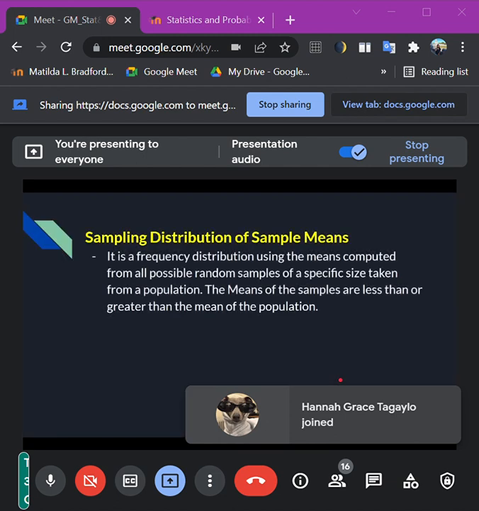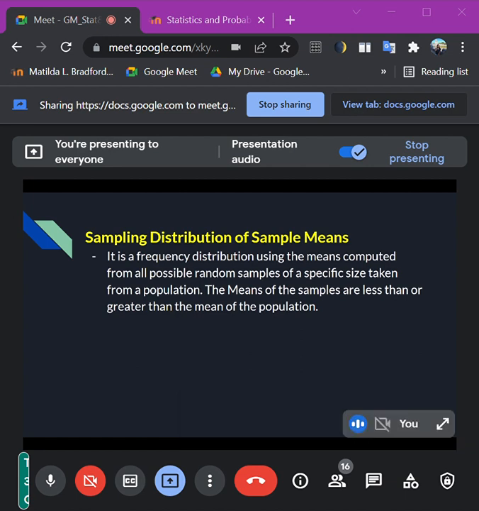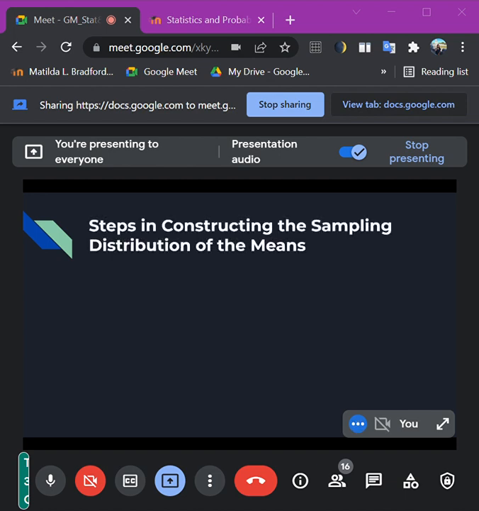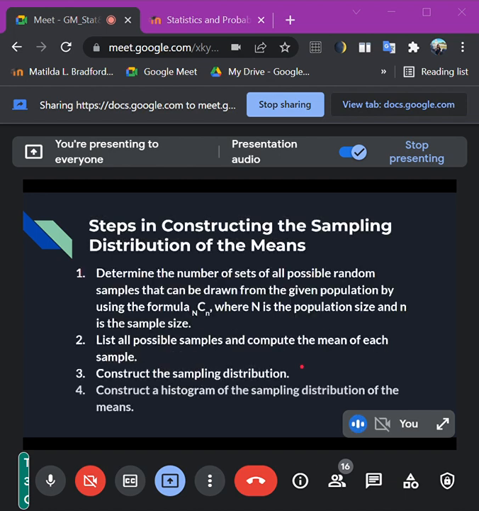So, sampling distribution of sample means is a frequency distribution using the means computed from all possible random samples of a specific size taken from a population. The means of the samples are less than or greater than the mean of the population. So we have here our sampling error. This would be the difference between the sample mean and the population mean. So here are the steps that you can use.